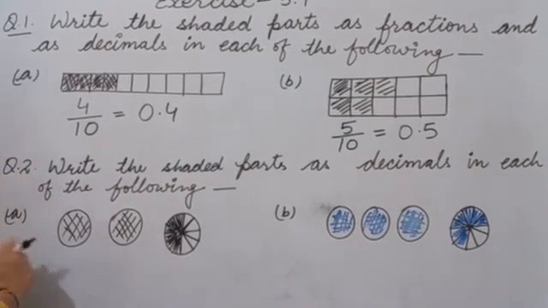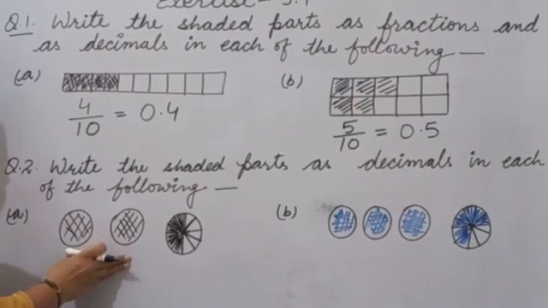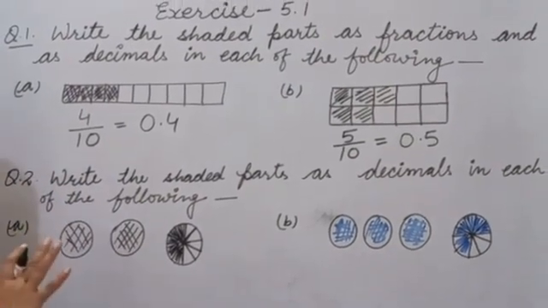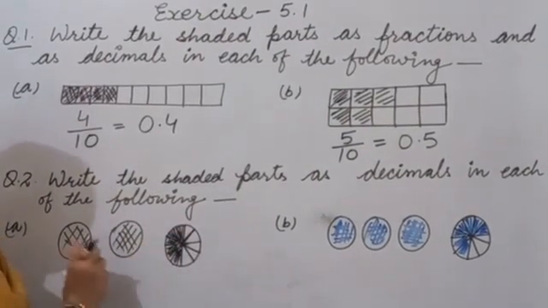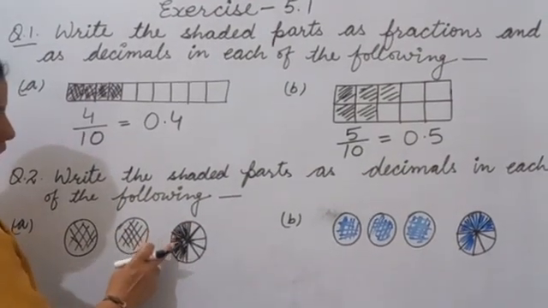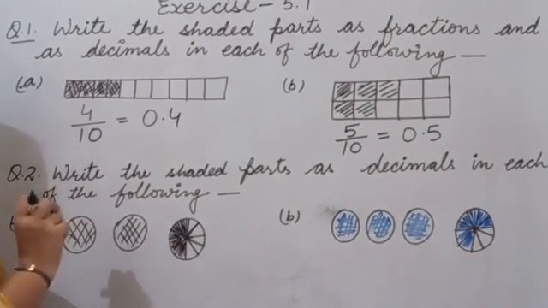So first of all A part. There are 2 complete circles shaded. So these 2 are whole. मतलब जितने सर्कल थे पूरा का पूरा shaded है. And then third, there is a circle that is divided into 10 equal parts and shaded are 1, 2, 3, 4, 5. 5 parts shaded and 5 parts unshaded.